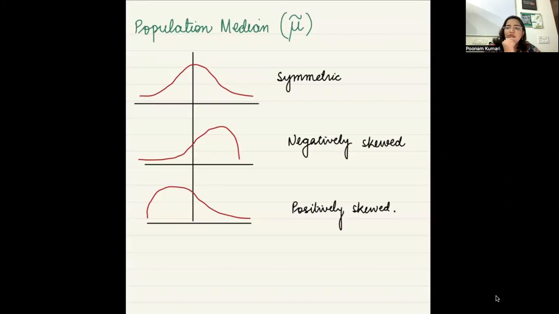So my question to you is, you have to tell me what is the relationship between mean and median value for each of these diagrams. So let's say all the population data is given to us. So this is your population mean and this is your population median. So you have to tell me, are they same, which is greater, which is less in each of the diagrams. Okay, that is your task.